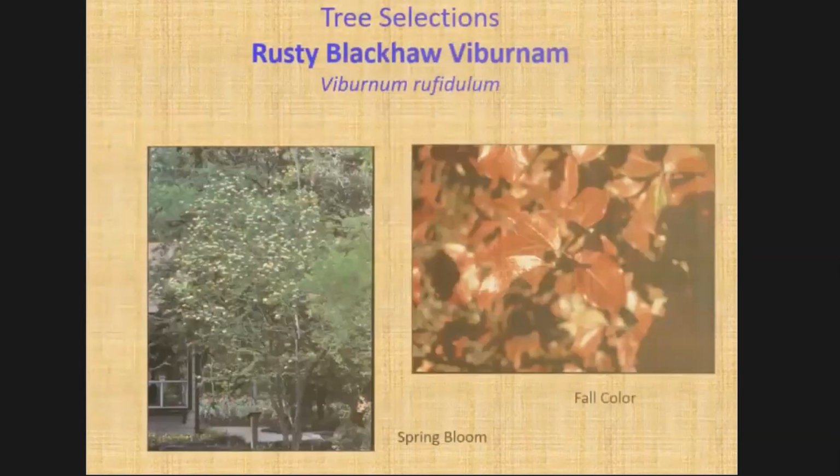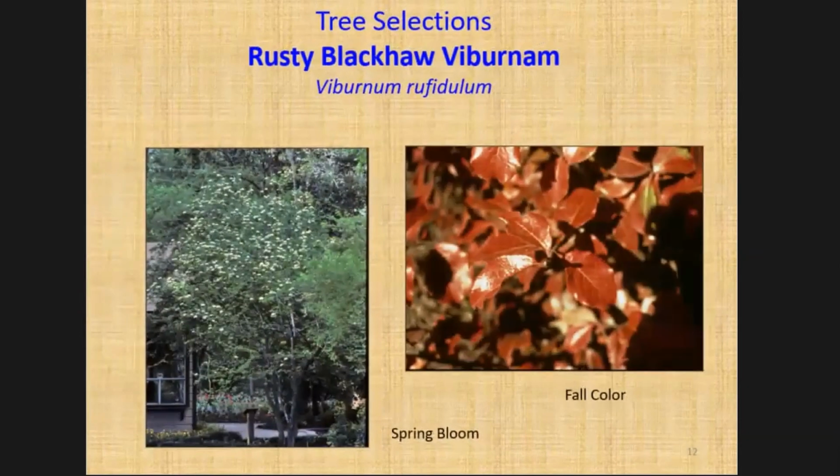Next plant or tree is the rusty blackhaw viburnum. This is a really great tree, a medium to slowish speed of growth. It's a deciduous tree. It has great white flowers in the springtime and very glossy leaves, a really glossy green throughout the spring and summer after it flowers.